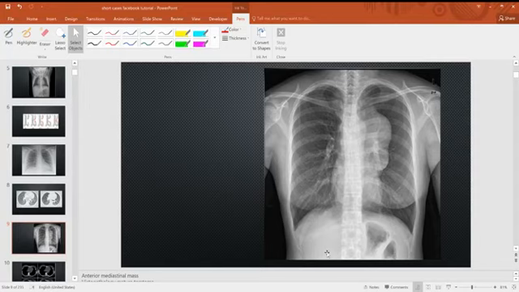Where do you think the mass is, in the lung or in the mediastinum? If it is in the mediastinum, which compartment is it most likely to be?